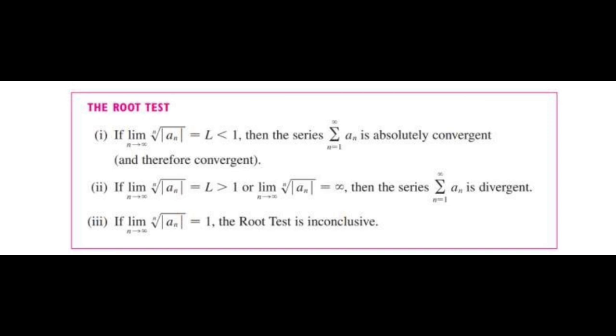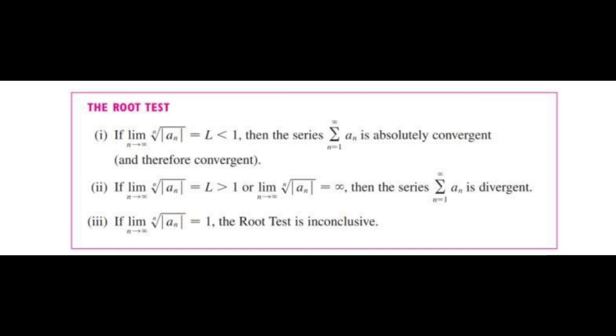If L results in 1, the root test is inconclusive, same as with our ratio test. So if the limit as n approaches infinity of the nth root of the absolute value of a sub n equals 1, the root test is inconclusive. It says that the test gives no information.